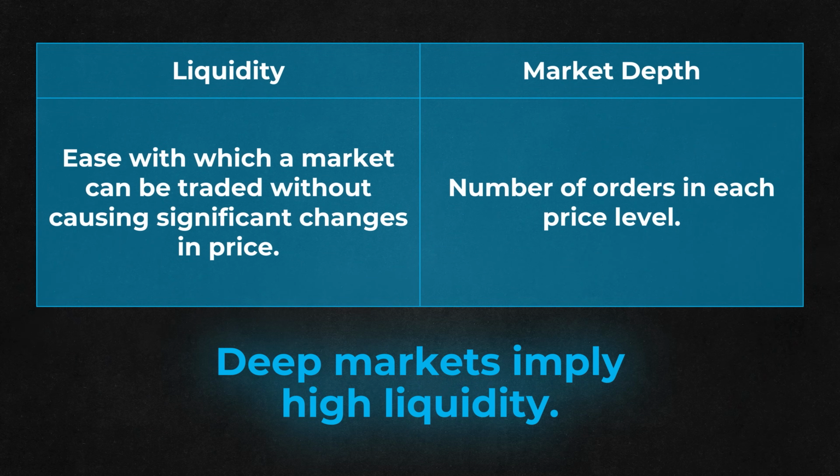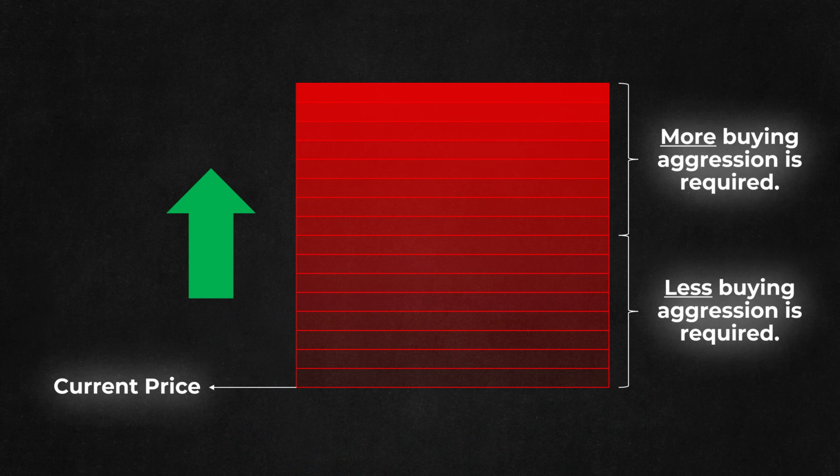Imagine a range of prices above the current price with progressively deeper levels as price goes up. In the price levels immediately above the current price, where the market depth is shallow, it doesn't require a lot of aggression from buyers to make price rise, so there is less liquidity. As buyers move higher and market depth increases, buyer aggression must increase in order to produce the same movement in price, meaning that liquidity is greater.